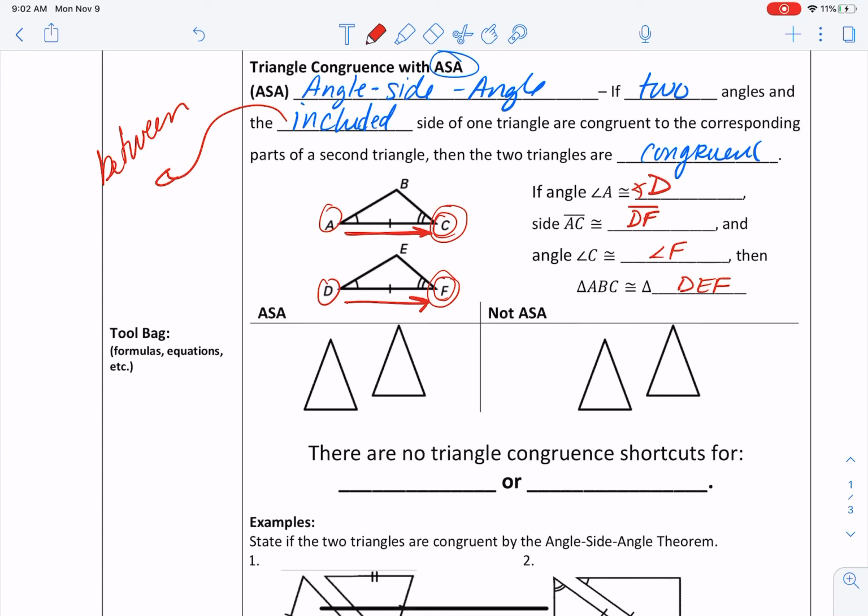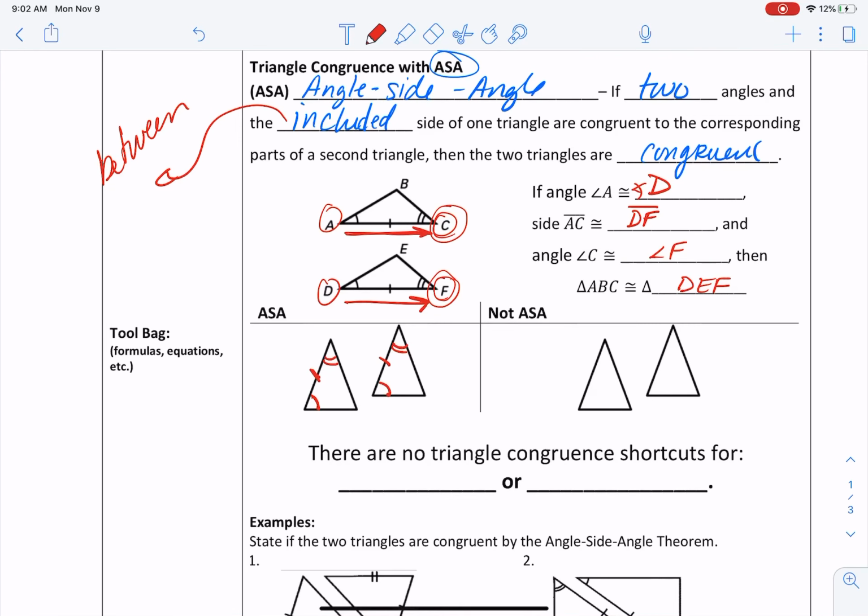So when we are looking at ASA, it has to be the included side. So I can look at this: side, angle, side; angle, side, angle.